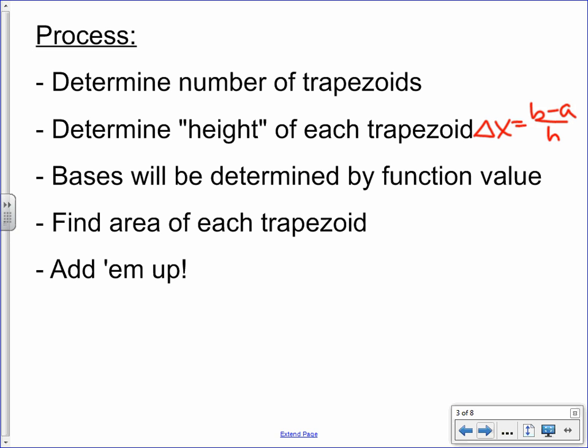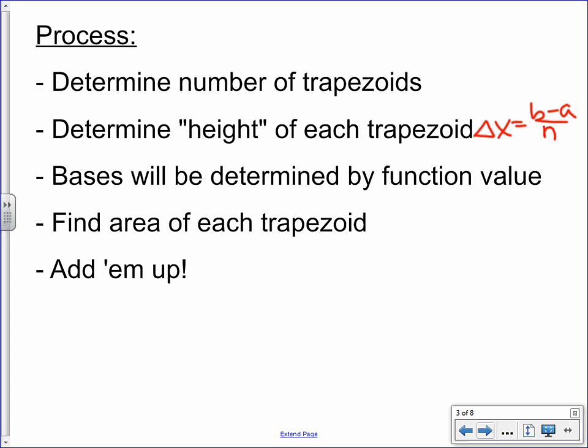Is that an N or an H? That is an N. Thank you. Well, delta x is our height, but we still find it by b minus a over n.